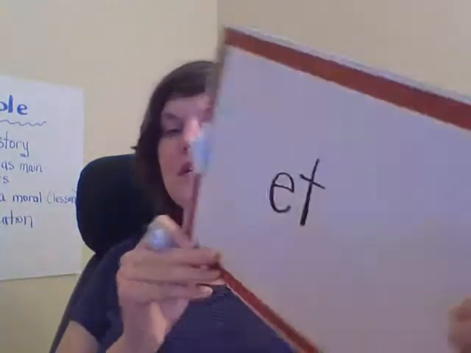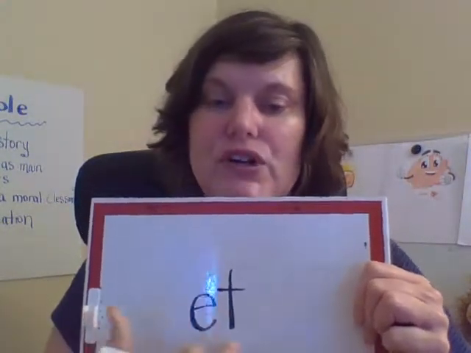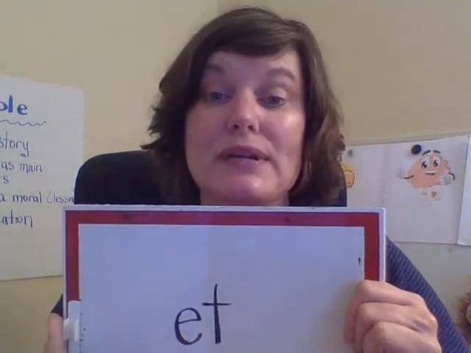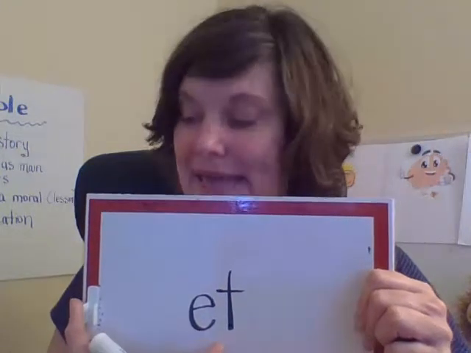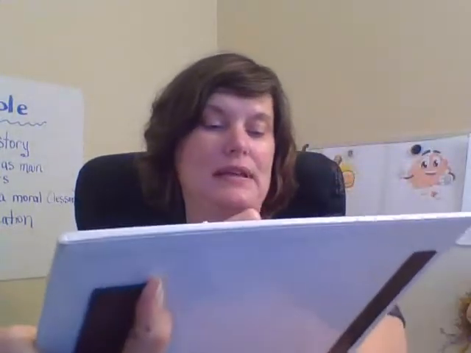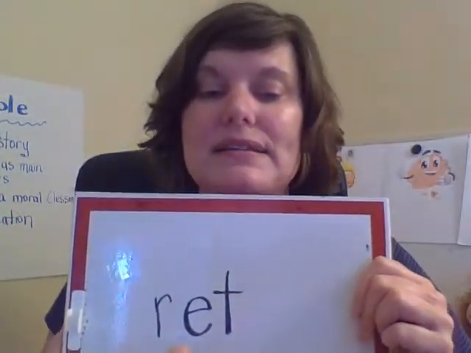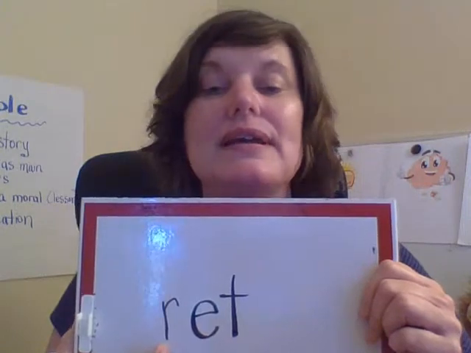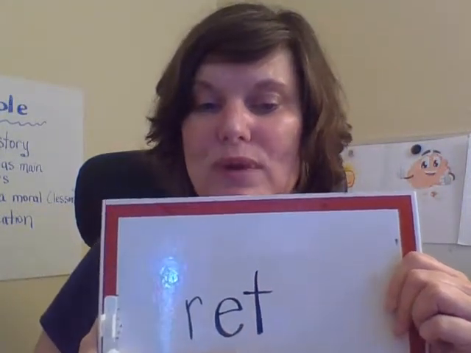And this is our final transformation. All right, think, what kind of syllable? Open, closed, final stable? Very good, it's a closed syllable, so it'll make a short E sound. Ready? Et, good. Now, let me add a letter and let's see what happens. Very good. Ret, ret.